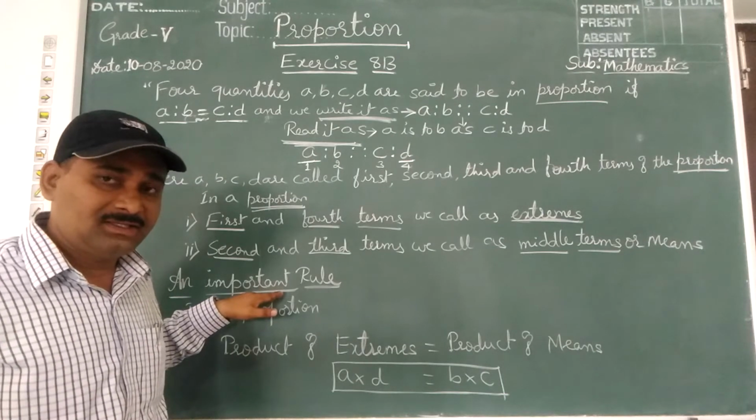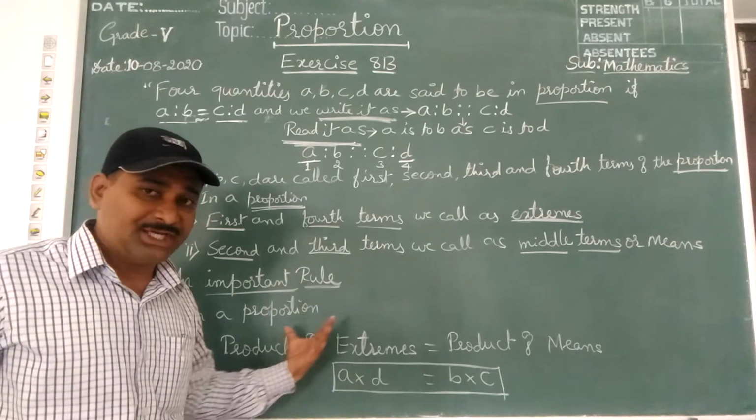When can we say that both ratios are in proportion?